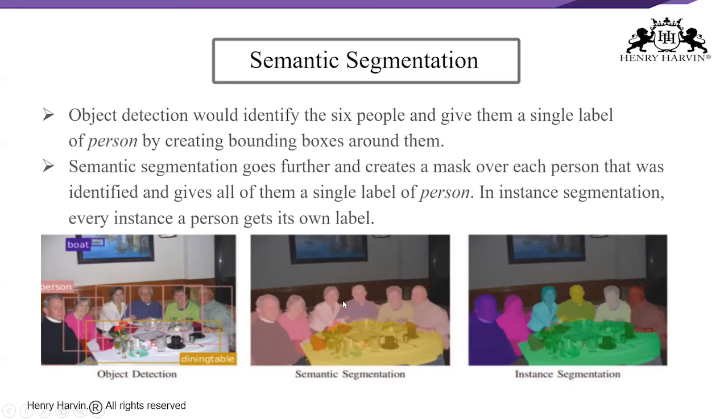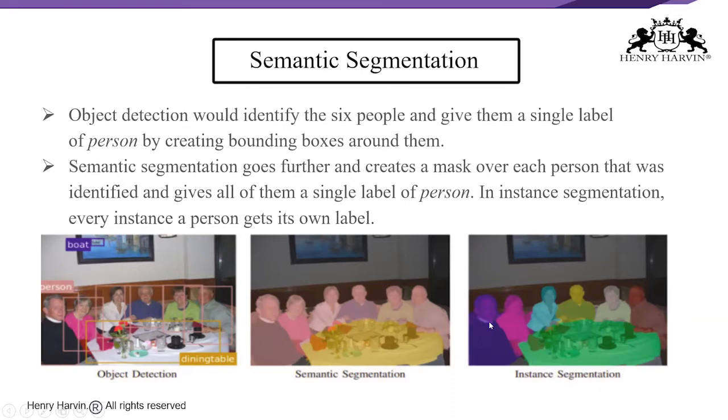In semantic segmentation, it goes further and creates a mask over each person that was identified. It is identifying all the 6 persons and gives all of them a single label of person.